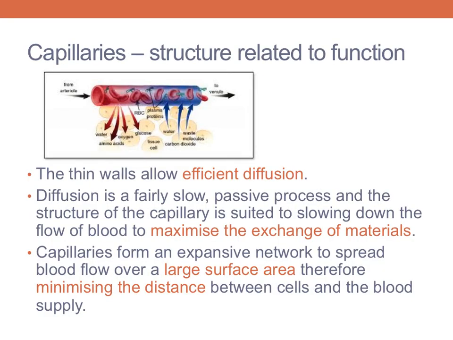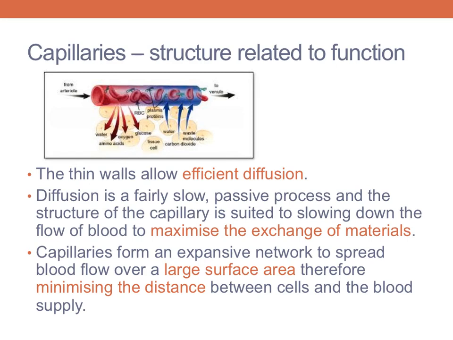So to link the structure of the capillary to its function, the thin walls allow efficient diffusion. So everything has to diffuse out of the capillary into cells and from the cells into the capillary. Diffusion is a fairly slow, passive process, and the structure of the capillary allows a slowing down of the flow of blood, so that maximizes the exchange of material.